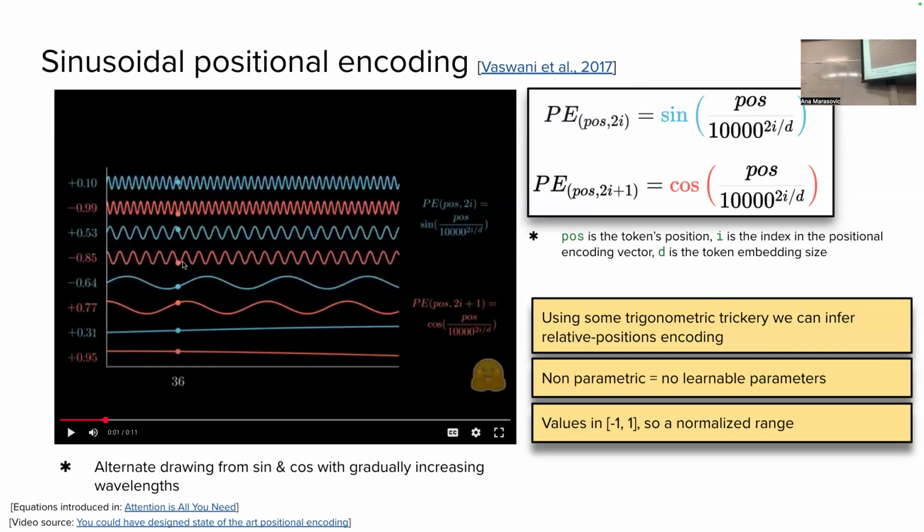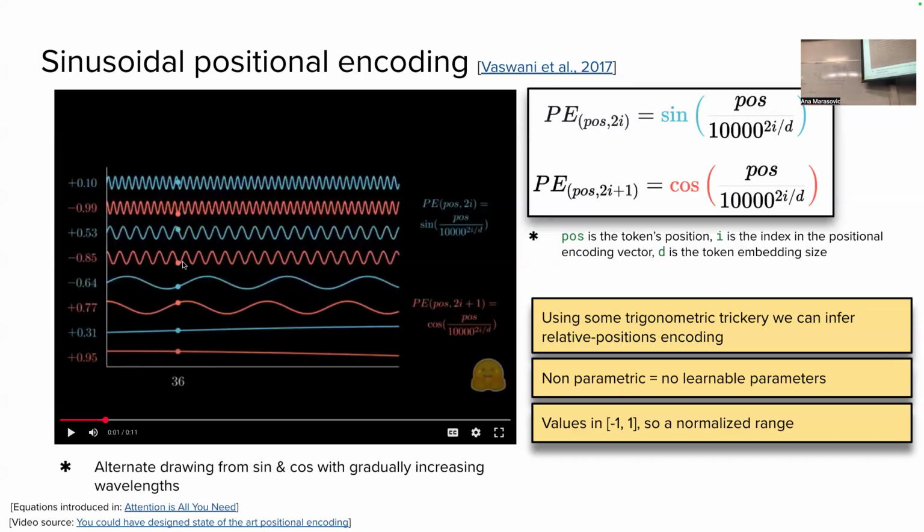So comparing, let's say, embedding at position 0 and then a later position, these embeddings will be more different than they are for positions that are close to each other.